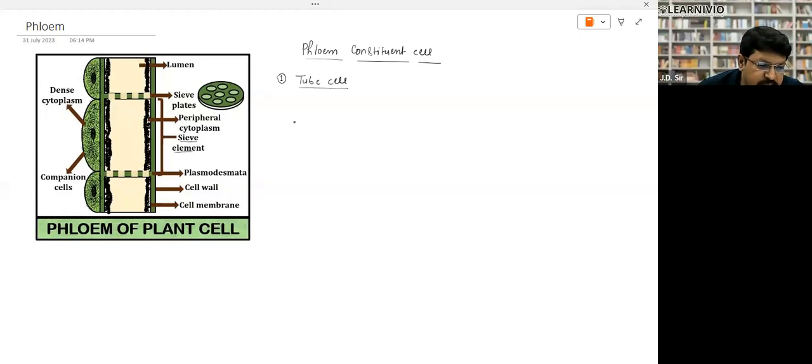Try to understand: sieve element or sieve tube is the same thing. Let me write it down. So sieve tube, sieve element or sieve cell, they are the tube cells, or we can call them sieve elements.